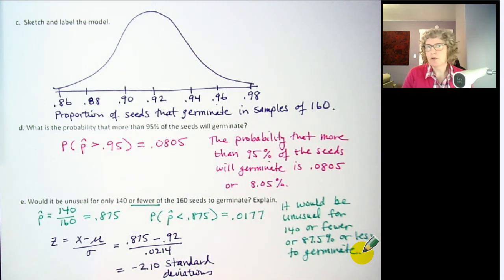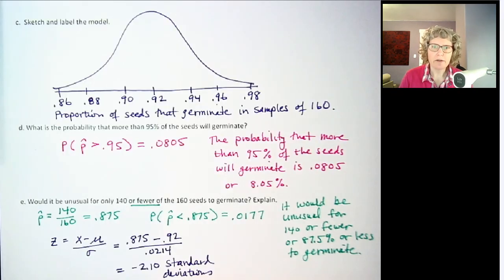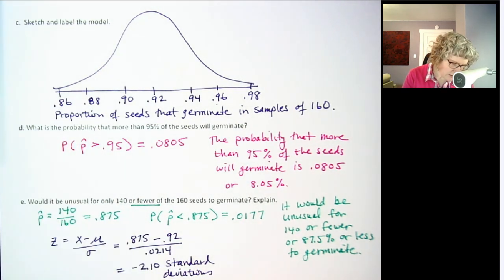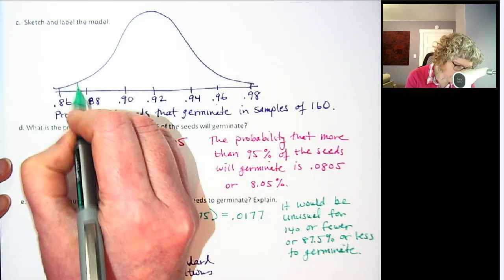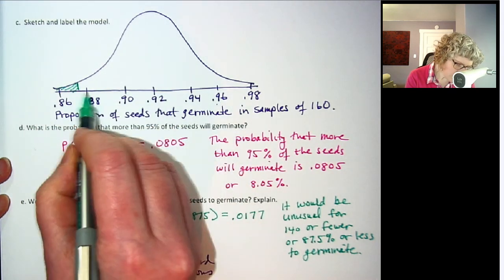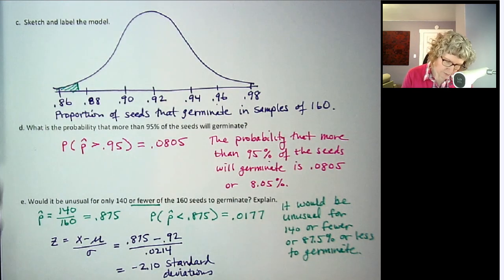So this is another way you could answer this question, and that's kind of what we saw on our graph. We also have the graph right here. 0.875 would be right in here somewhere. So that's going to be 1, 2, and a little more standard deviations to the left.